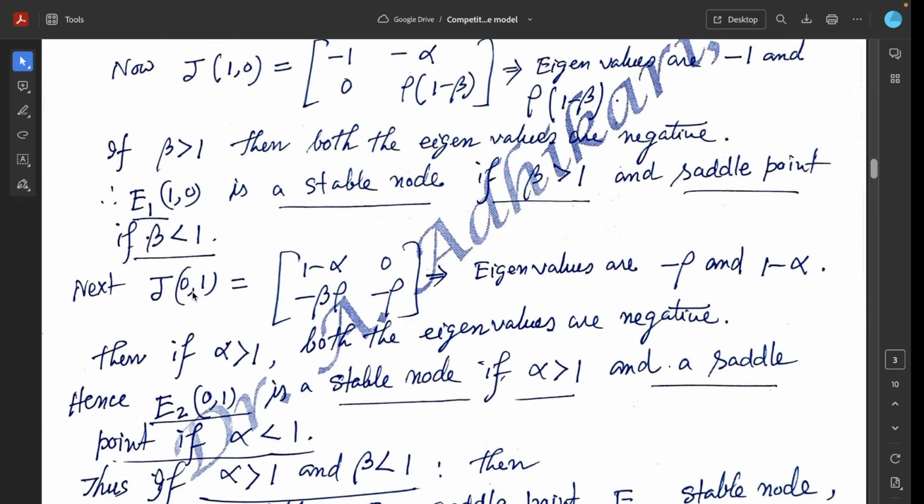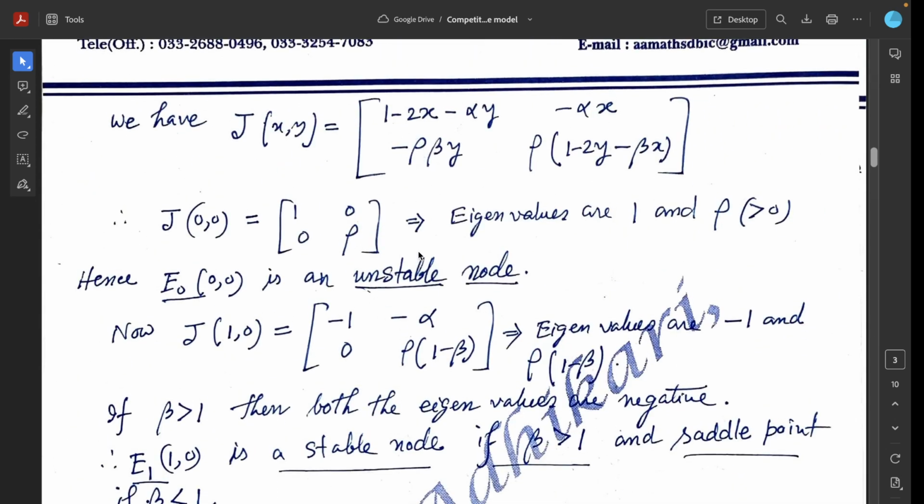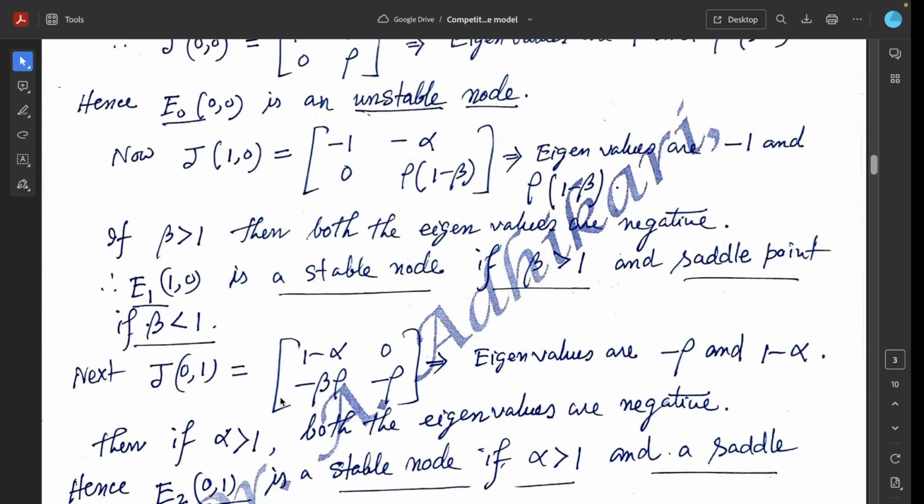Next, the Jacobian at the point (0, 1), equilibrium point E2. Put x equal to 0 and y equal to 1 in this Jacobian matrix. So we get 1 minus alpha, 0, (1 minus beta) rho, minus rho. Obviously, this is a lower triangular matrix. So the eigenvalues are minus rho and 1 minus alpha. Rho is a positive quantity, so minus rho is negative, and 1 minus alpha is negative if alpha is greater than 1.